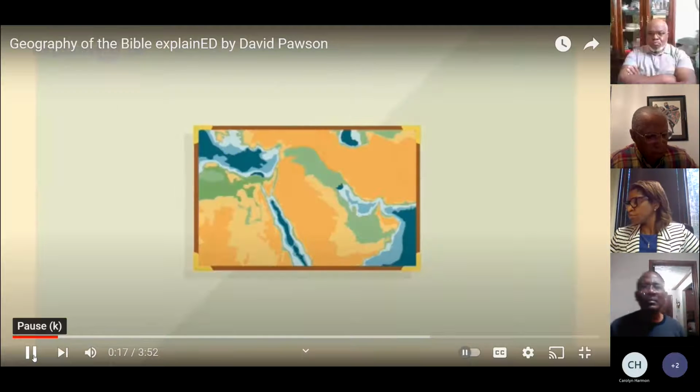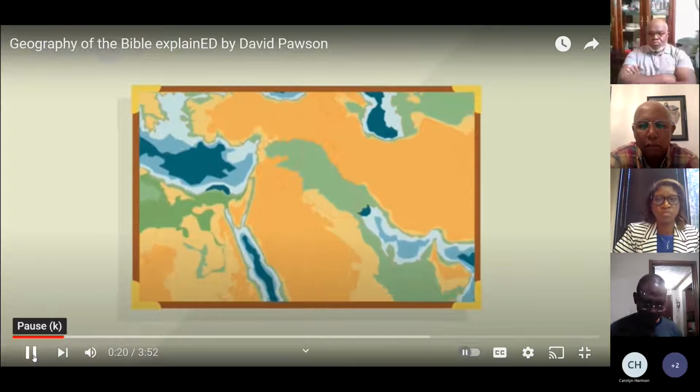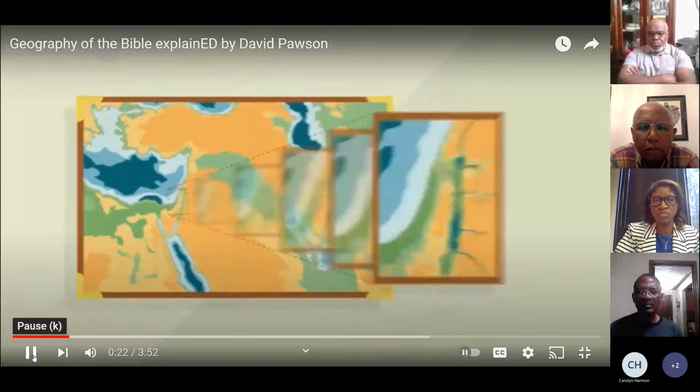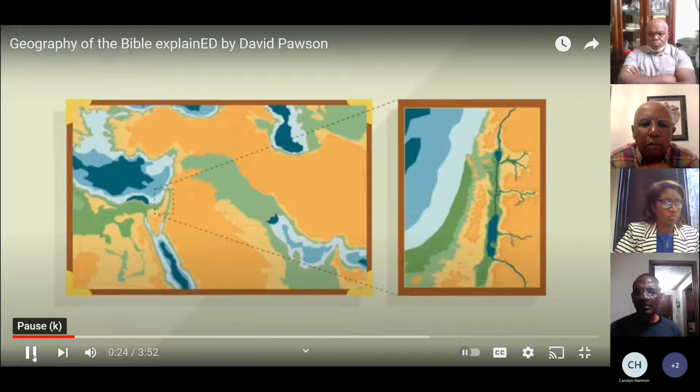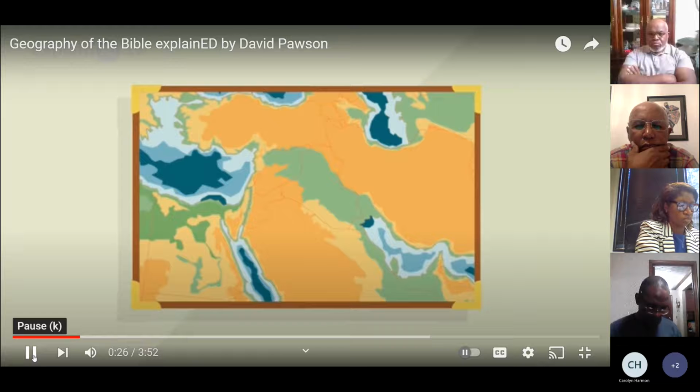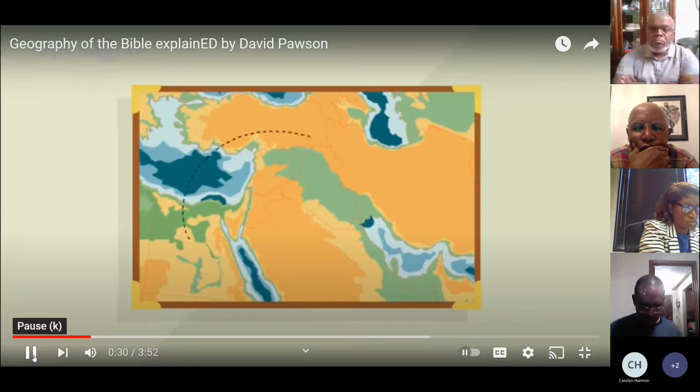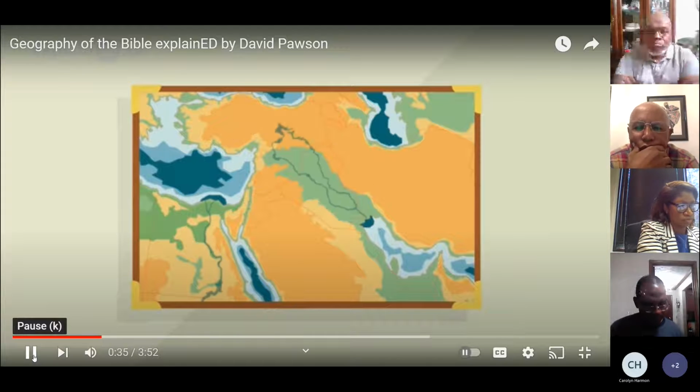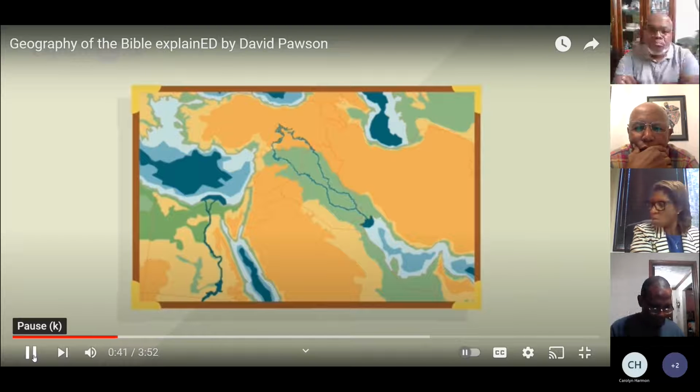And there are really only two maps that we need, a map of the whole Middle East and a map of the Promised Land in the Middle East. Now, the familiar name that is given to the overall map of the Middle East is the Fertile Crescent. And what it does is it links two very large rivers at each end, the River Nile and the two rivers, Tigris and Euphrates.